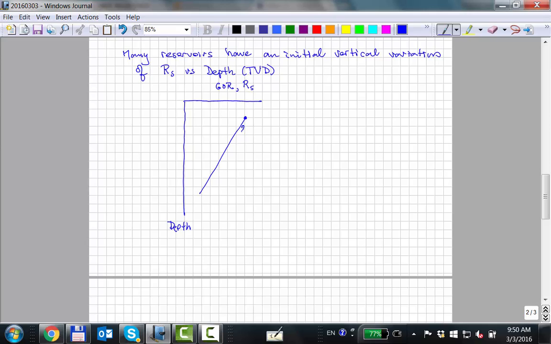So let's say that this was our 200 cubic meter per cubic meter oil. So it ends up that down at the water oil contact, it's not 200, but it's 150 standard cubic meters per standard cubic meter at 320 bar.